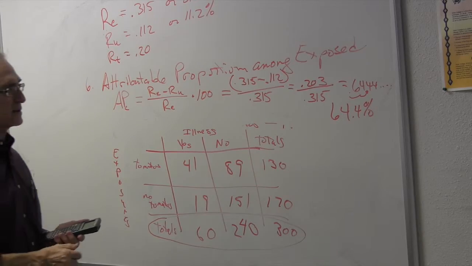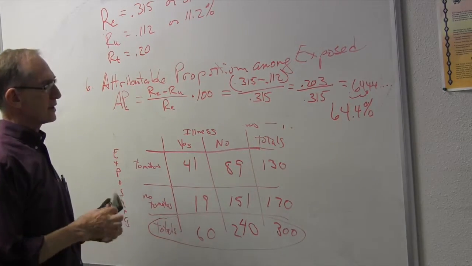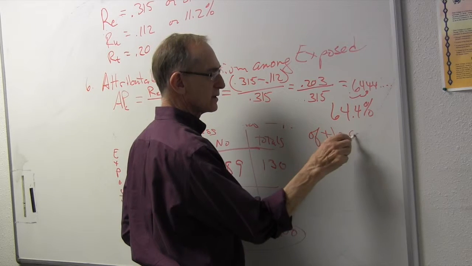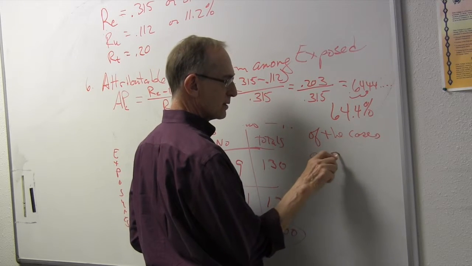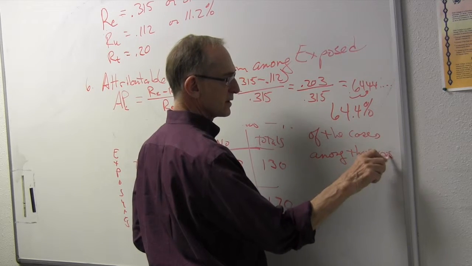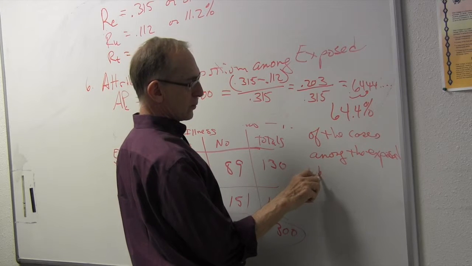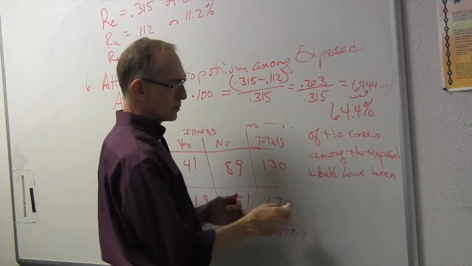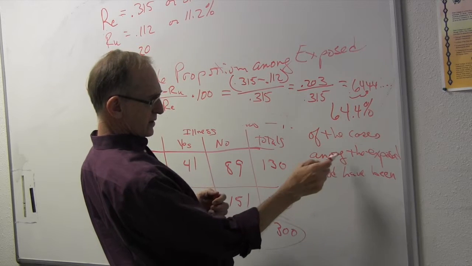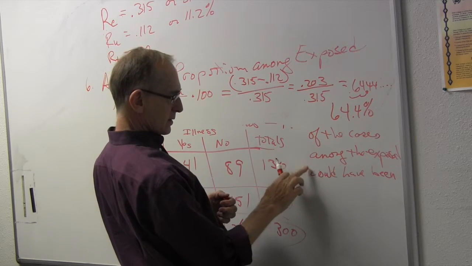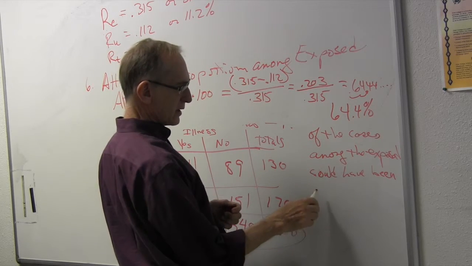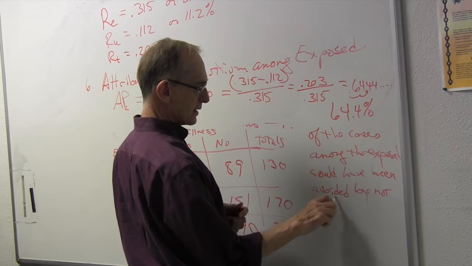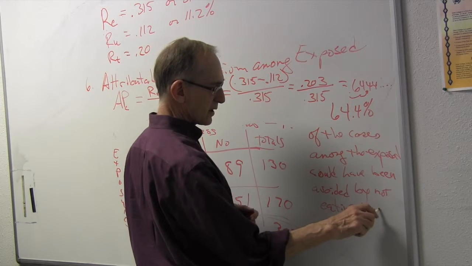A proportion is usually expressed as a percent. So 64.4%, and then the sentence would be, of the cases among the exposed, among the tomato eaters, would have been attributed to, or you could say, among the exposed, could have been avoided by not eating the tomatoes, not being exposed.